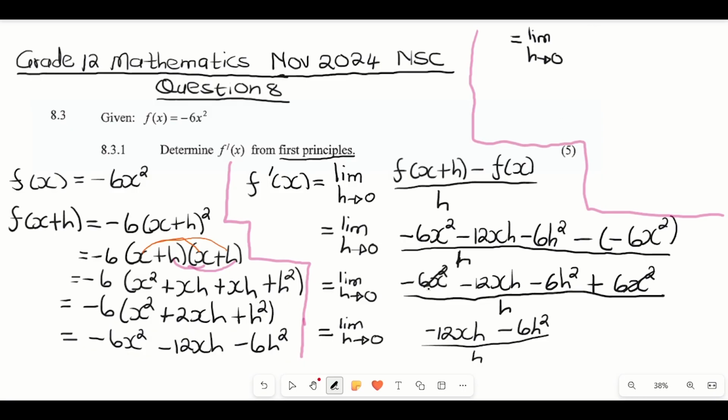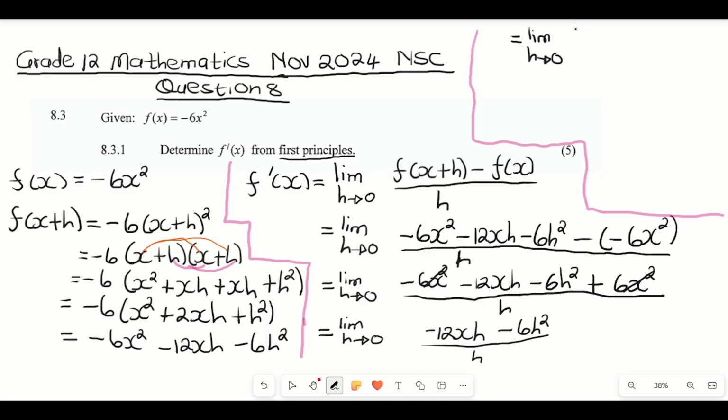So now, if you look here, you can see that there is a common factor between these terms, and the common factor is h. We have h here, we have h there.